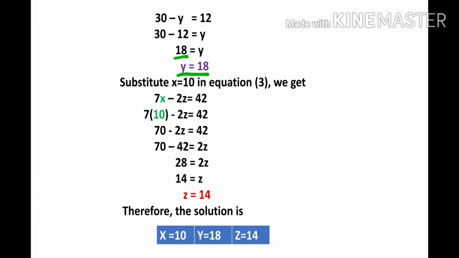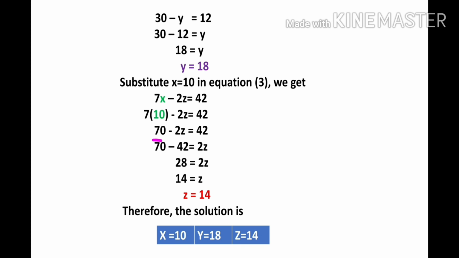Now we have to find the remaining value, that is z. Substitute x is equal to 10 in equation 3. I write once again equation 3, 7x minus 2z is equal to 42. Instead of x, I write 10 here. So 7 into 10 minus 2z is equal to 42. 7 tens are 70.